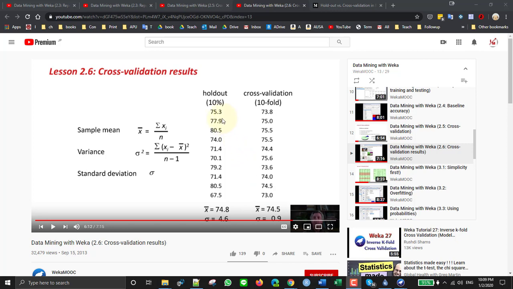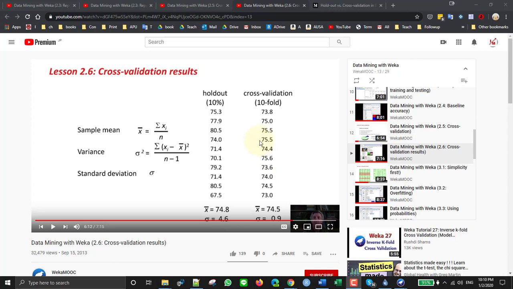But with holdout, it's not guaranteed that we're going to do that, because we're just randomly selecting 10% for testing, then randomly selecting another 10% for testing. It's not clear that we're never going to repeat. Some of the data points might appear in this test, and some of those might appear in another, and so on. Whereas that will never happen in cross-validation, because we're literally splitting the data set into 10 different parts and only choosing a slice for testing once.